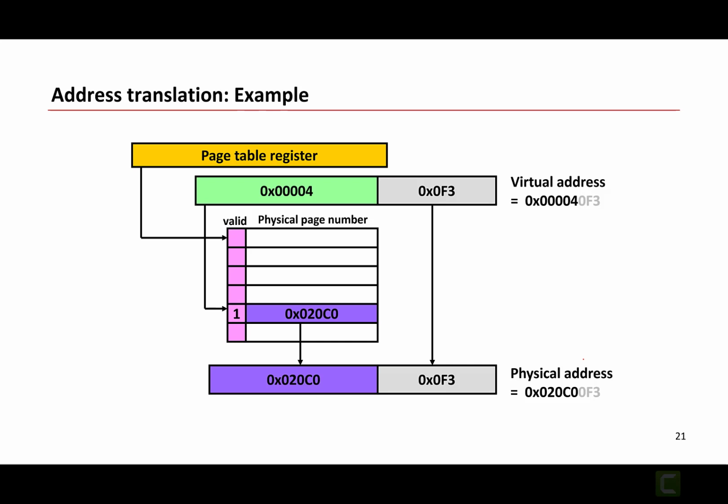Okay, so here is a more concrete example where we have these values for virtual page number and the page offset, and this is value 4, so this is 0, 1, 2, 3, 4, and then you go and look up your physical page number, which is this, and then you concatenate with the page offset. And so this physical address would refer to a unique location either on your DRAM or on your swap partition on the disk.